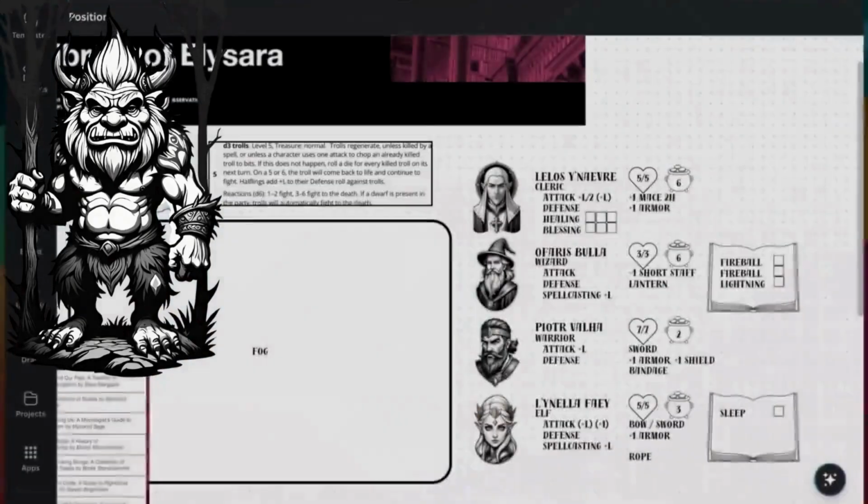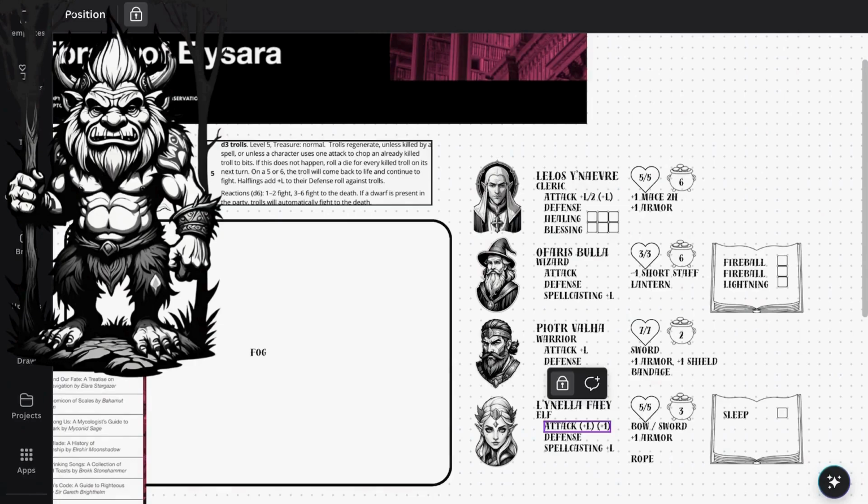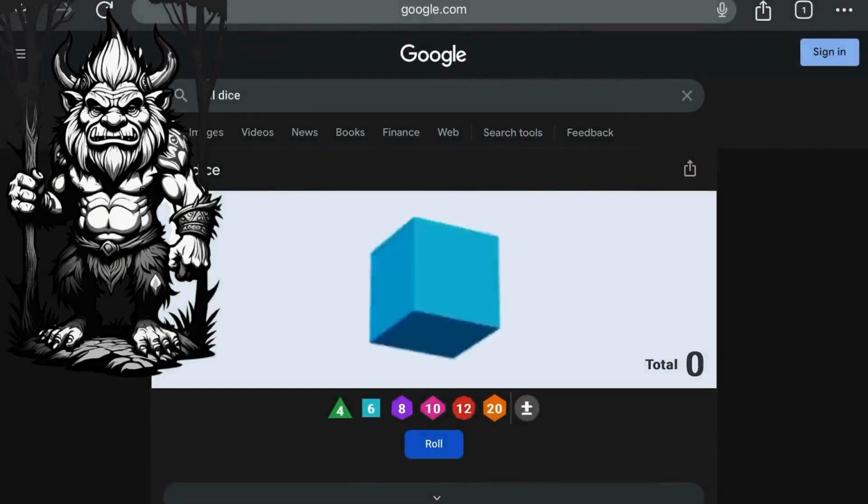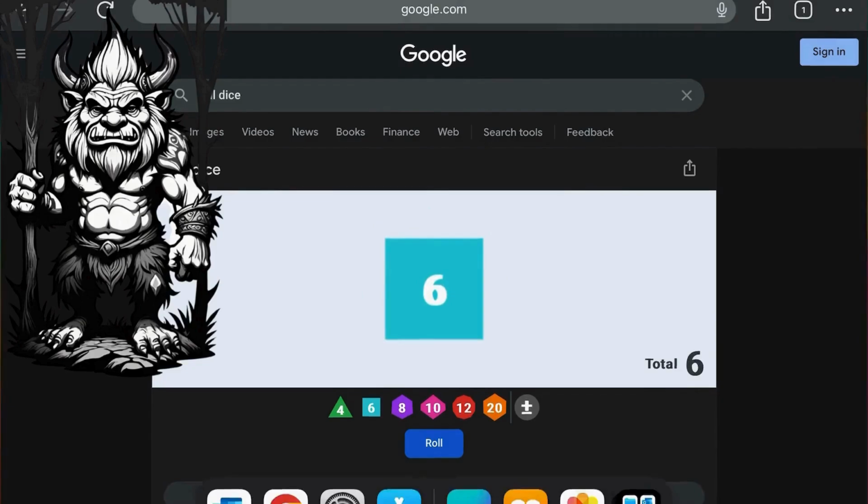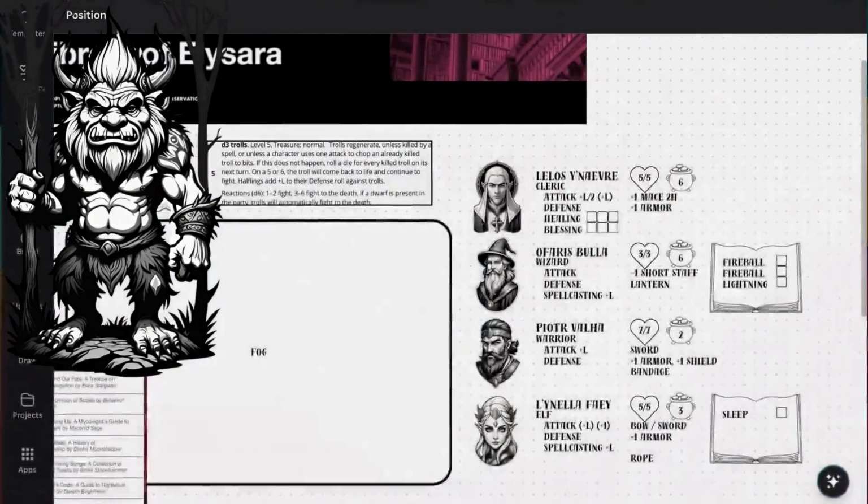3, meaning against the level 5 troll it is not enough, so this first shot was unsuccessful, and the troll arrives and attacks Piotr, as he's in the first place of these two. So let's roll for Piotr's defense. 6, great, okay, it is exploding, but 6 is enough.